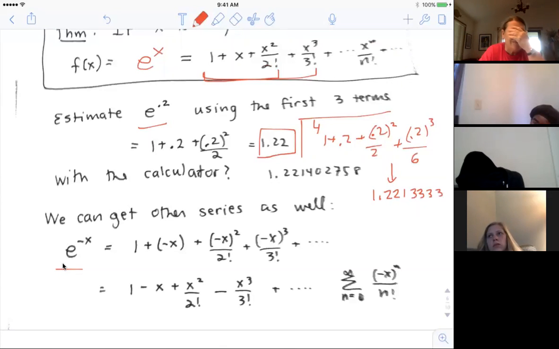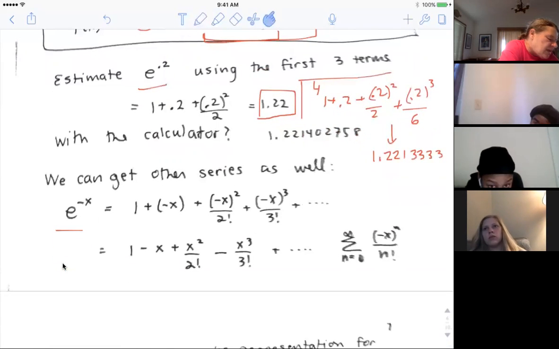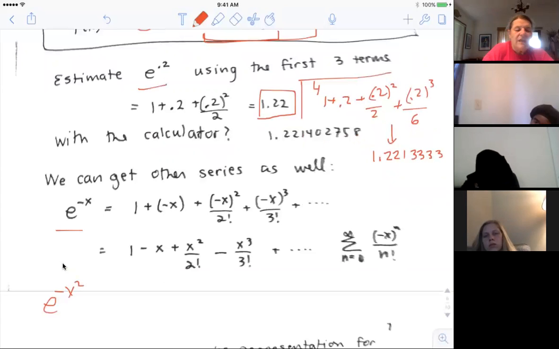Now, that's very powerful in science because a lot of times you cannot figure out what the integral of something is. So I'll give you the example I gave you a minute ago. In statistics, I wish I had the formula right here in front of me, but I don't. E to the minus x squared is part of the normal curve.